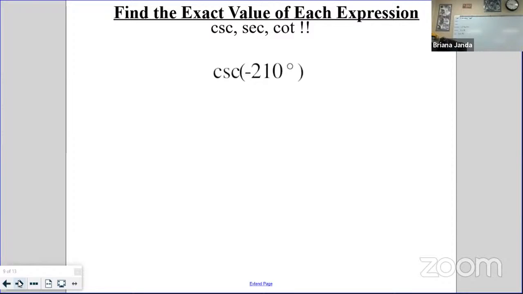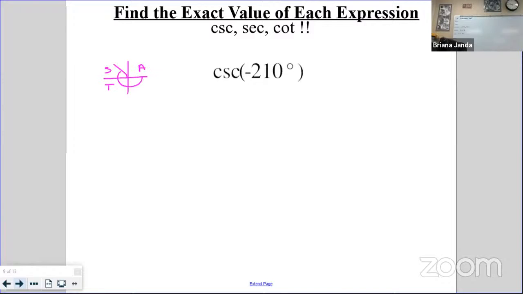Cosecant of negative 210 degrees. What quadrant is negative 210 degrees in? 2.